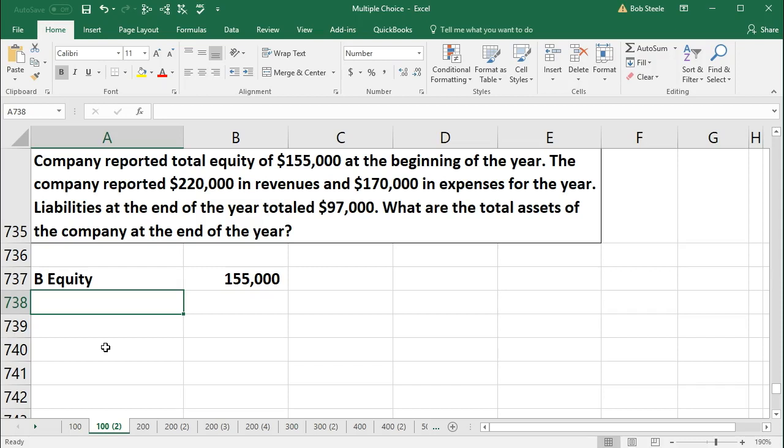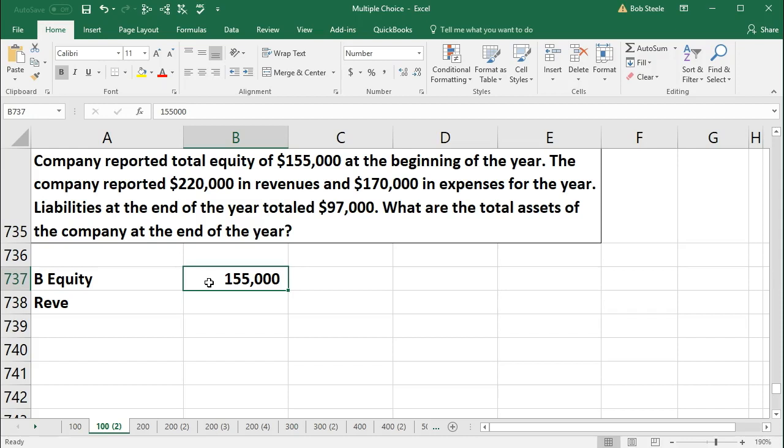It might just be called equity for any type of organization, because equity as a total would be the same for any type of company, whether it be a sole proprietor, partnership, or corporation. So then we're going to say during the year we had revenues of 220. When we look at the calculation in the statement of equity or the statement of retained earnings, we typically increase equity by net income.